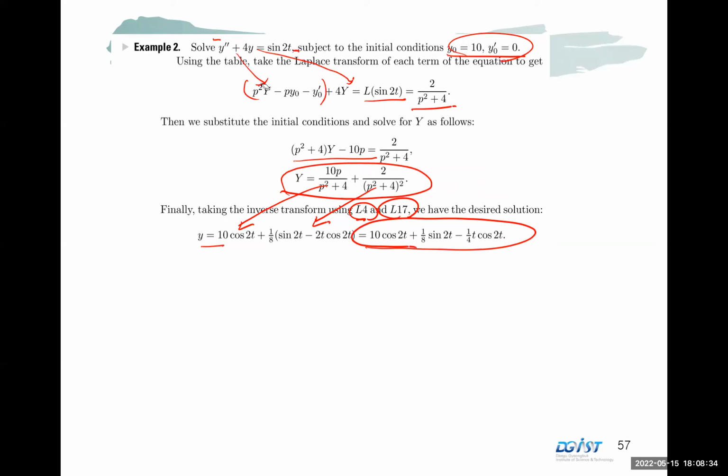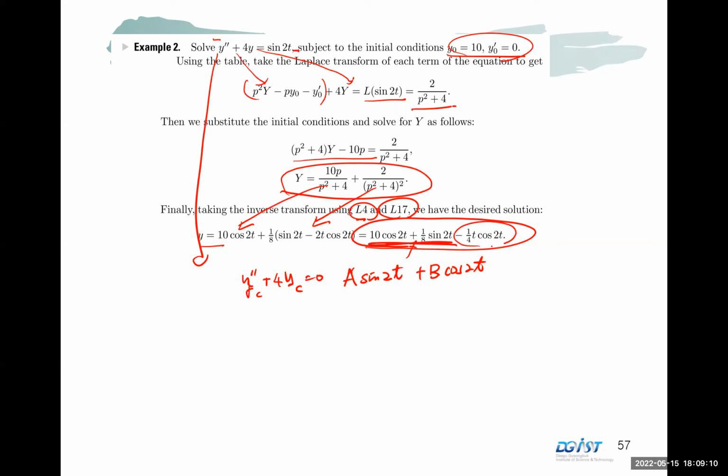So from the typical method to solve the differential equation, you can easily find the homogeneous solution or complementary solution must be sine 2t plus that. And so this is corresponding to this part.